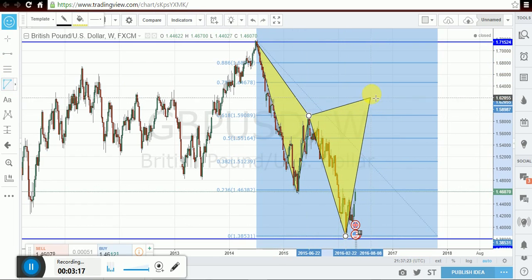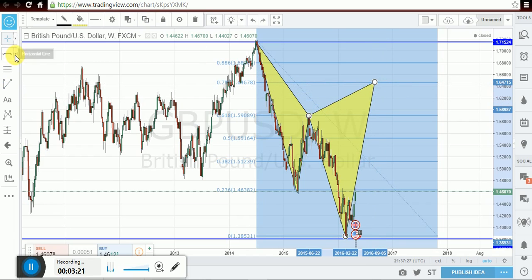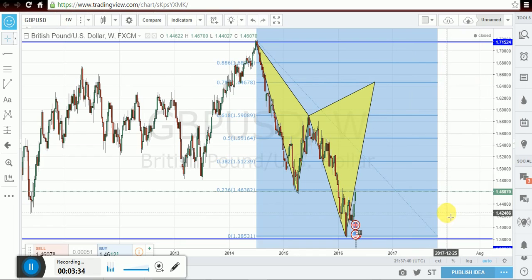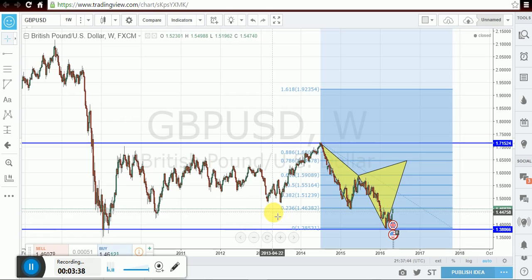Mind you, because I'm looking at this on the weekly chart, it's going to take a while before we can get there. We've got about 1,900 pips to get there. So it's going to be a long way, but that's just to give you guys an idea of what might be happening next on this pair.